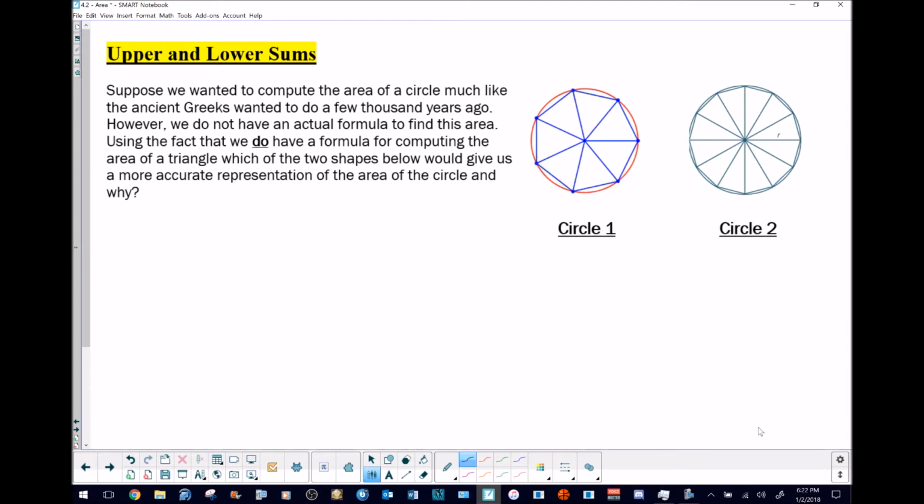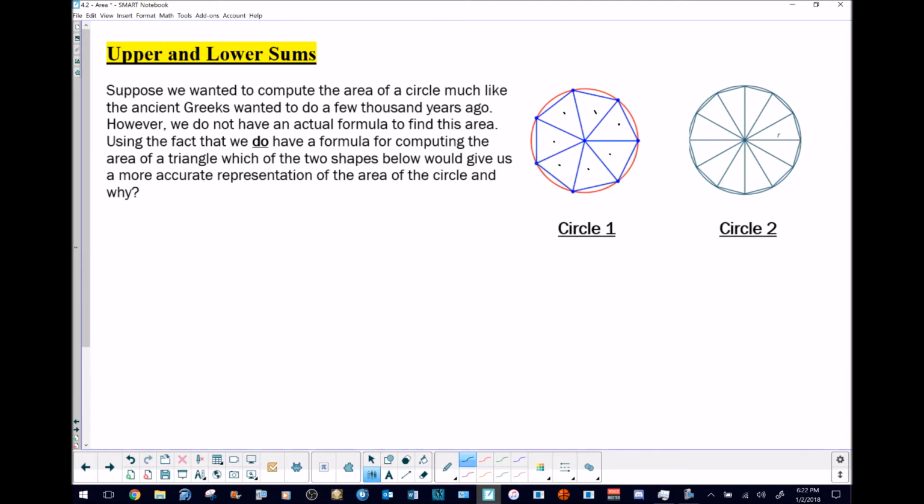So if we wanted to find the area of a circle, we could think about dividing that circle into separate shapes of areas which we did know how to find, like the triangle. So if you look at circle 1, that's divided into, I believe, 6 triangles, or 7 triangles: 3, 4, 5, 6, 7.